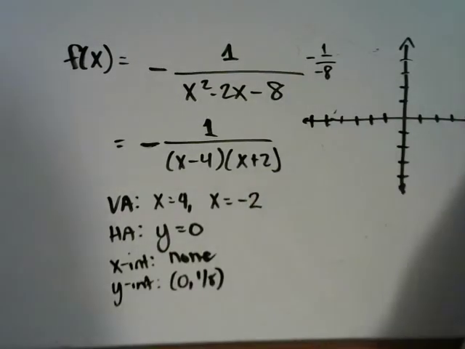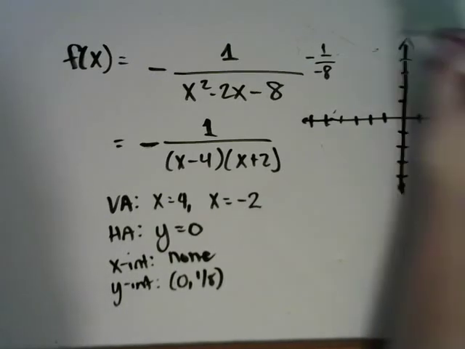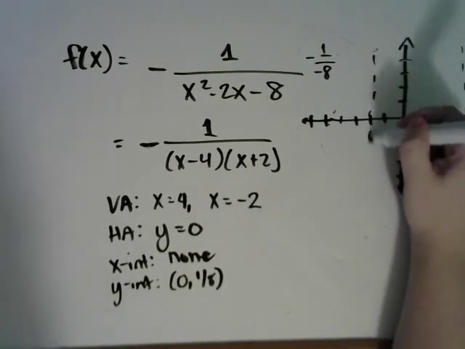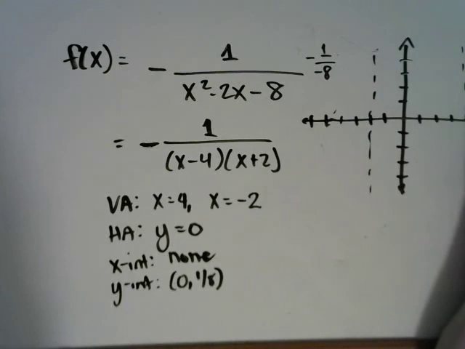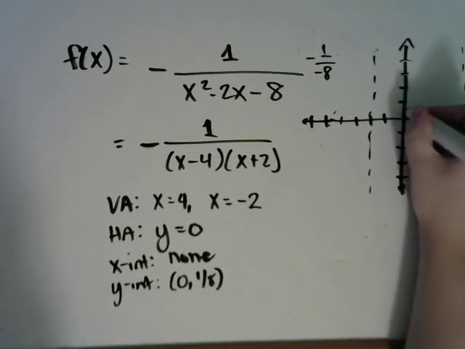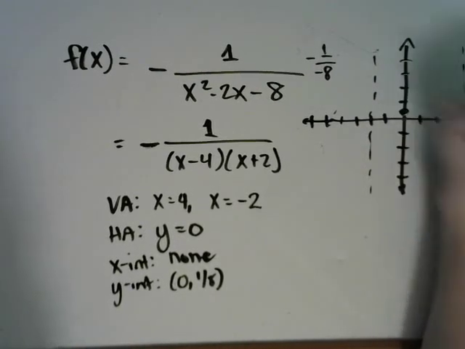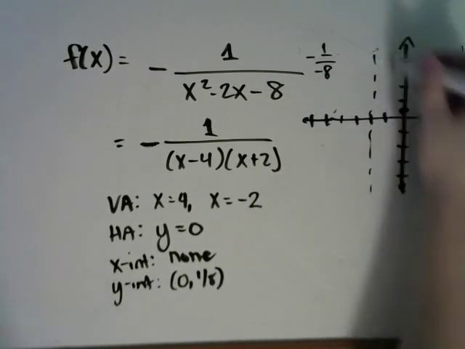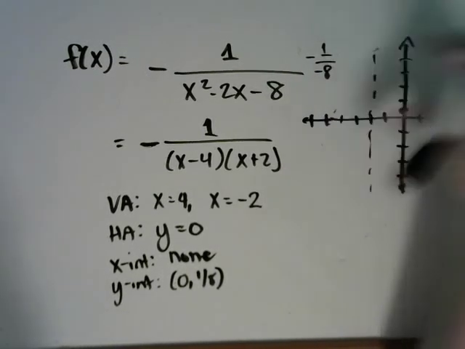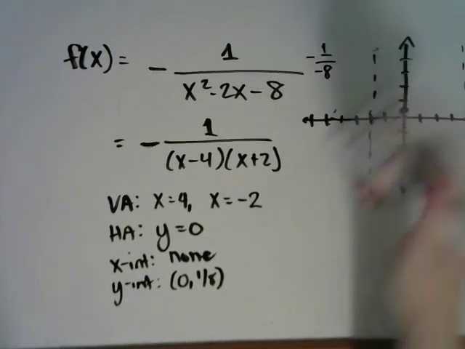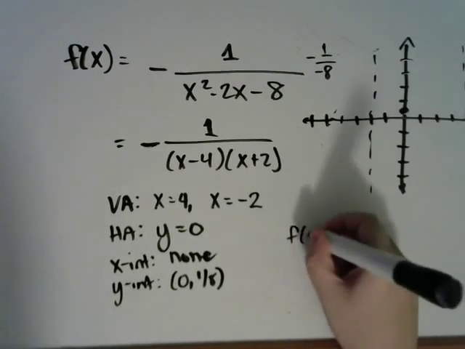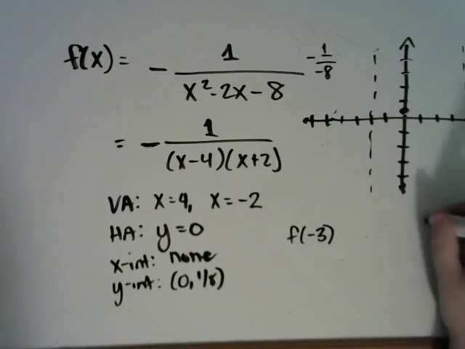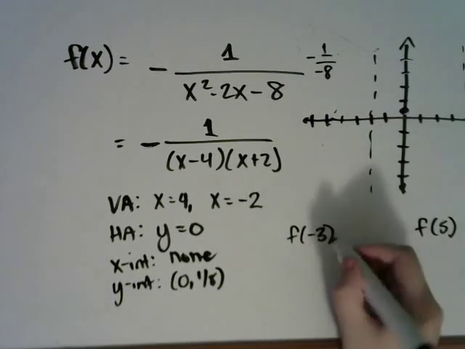That's enough information to start my picture, with an asymptote at 4, negative 2, the x-axis is my horizontal asymptote, and I have a point here at 1/8. So I have the feeling the middle portion will look like this, but I'm not going to draw the middle portion until I understand the end behavior, which means I'm going to test points at negative 3 and at positive 5.